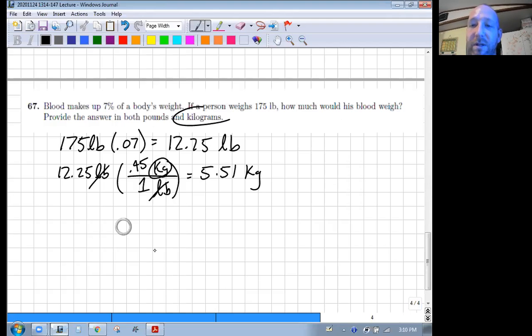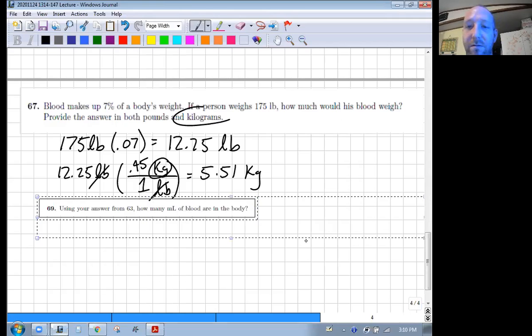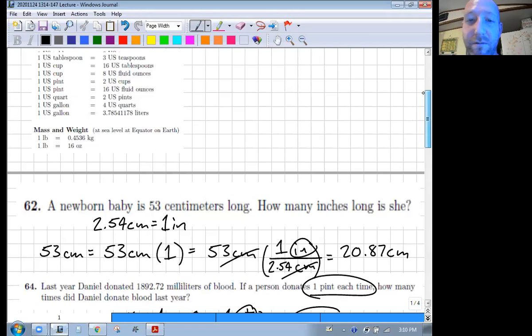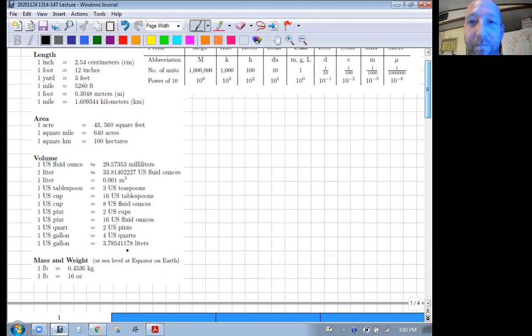So what about milliliters? So let's see. We want to convert either pounds or kilograms to milliliters. Let's see what we can do. It's going to be a tough one. We're going to go from milliliters to ounces.